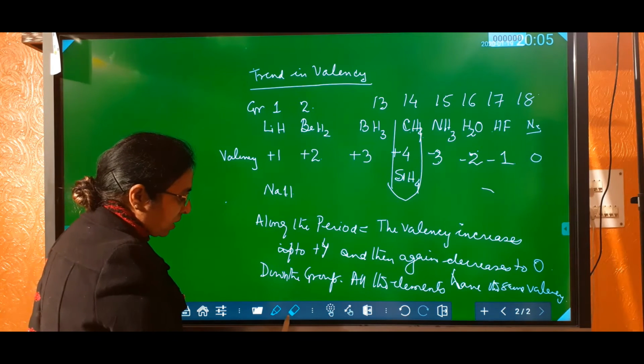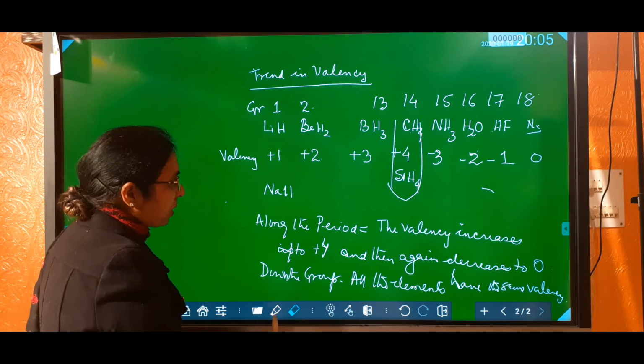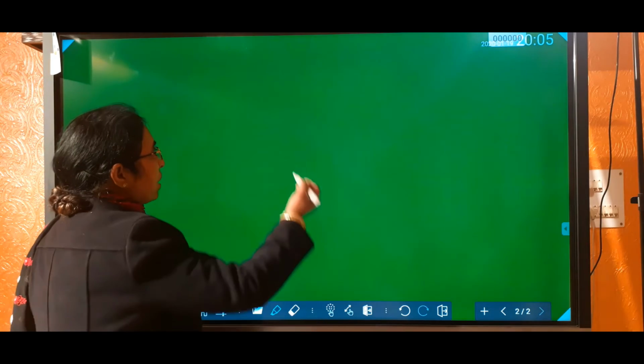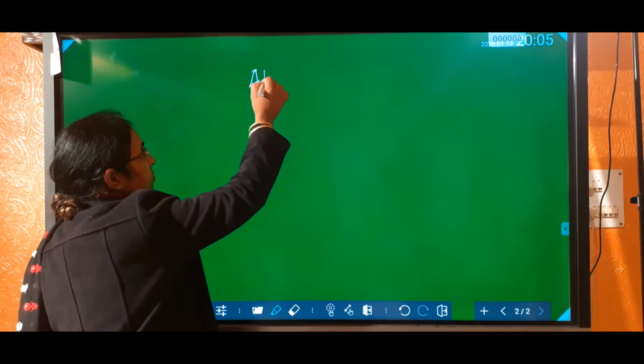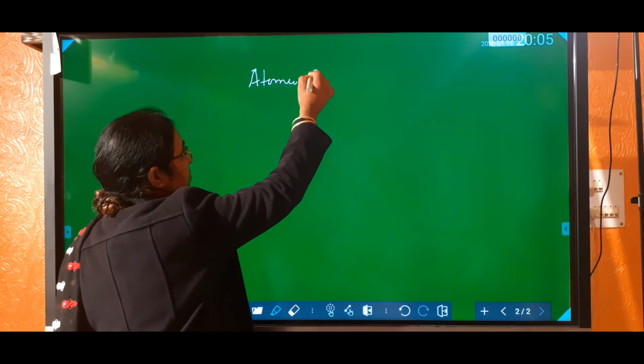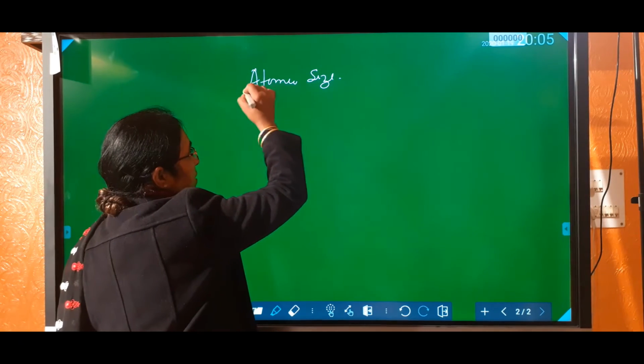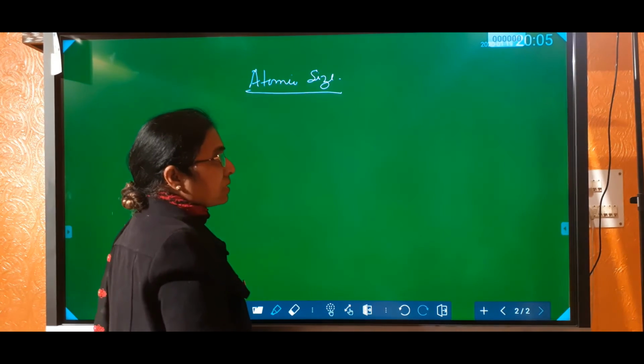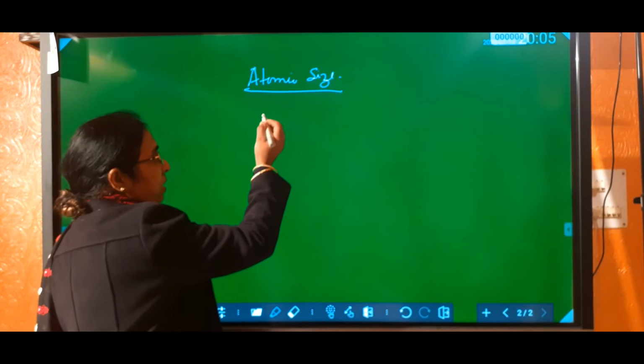Alright, now let us see another property which we call atomic size. And how do we define atomic size?